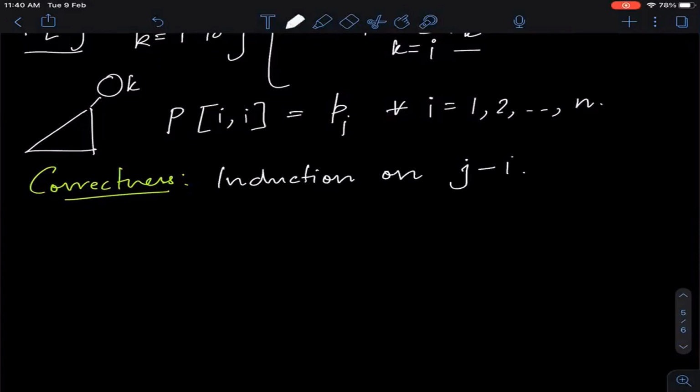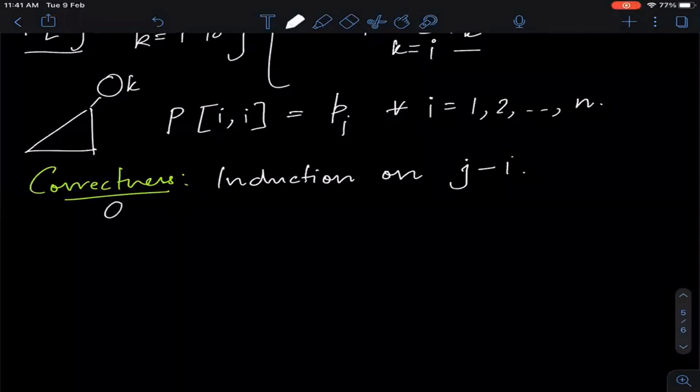Now you can imagine that everything just falls into place because the base cases work out. For the base case, j minus i is exactly 0. Now you assume this to be true for all values of j minus i up to a certain point, let's say k.